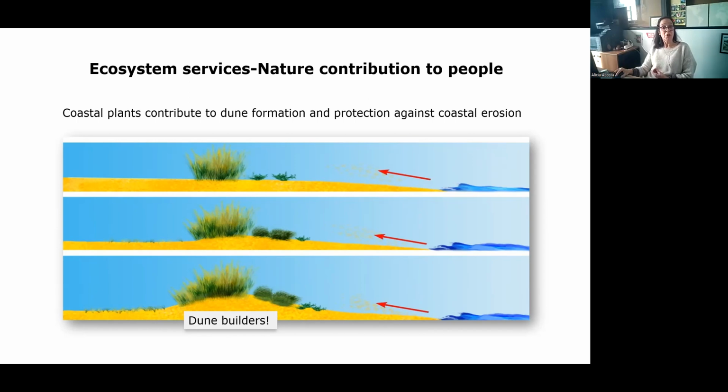For example, when we have intense and very strong storms during winters, which each year we see are more frequent and more intense, when we lose this kind of species, we are also losing larger quantities of land.